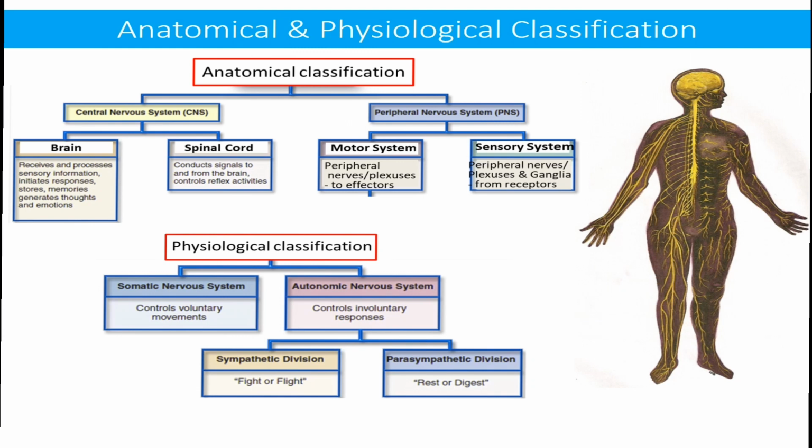Autonomic nervous system is again divided into two divisions. Sympathetic division, which is responsible for fight or flight, and the parasympathetic division, which is responsible for rest or digest, and also for the purpose of procreation.